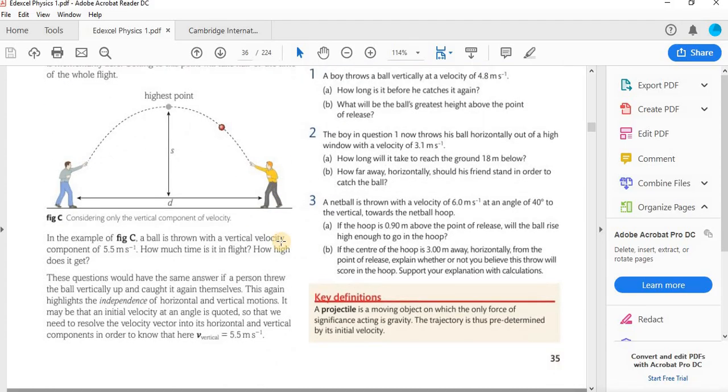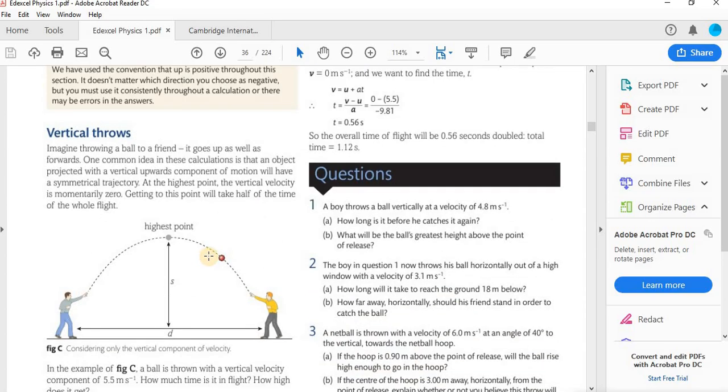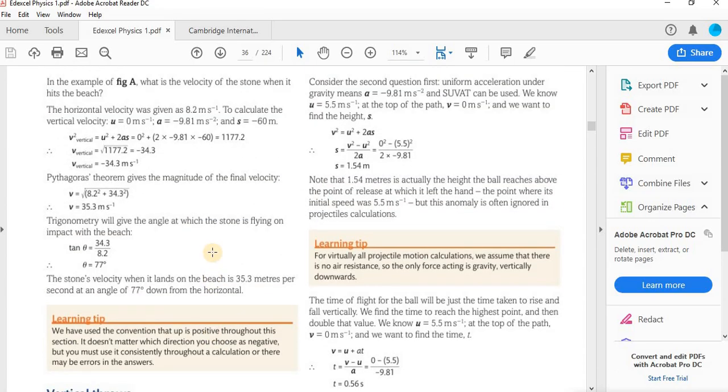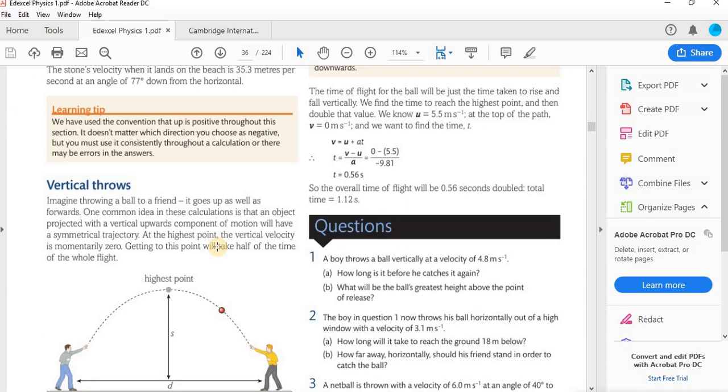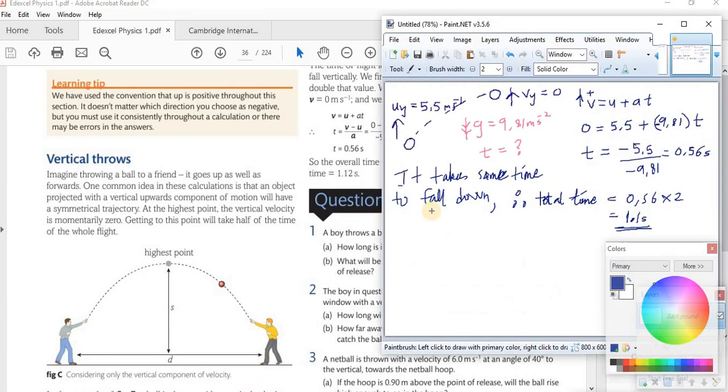Then, how high does it get? How high does it get is the next part. To do that, again, the best thing is that we have drawn this diagram, and then we can label the other quantity which we are supposed to find, which is how high. That is sy. sy means the displacement in the vertical direction.